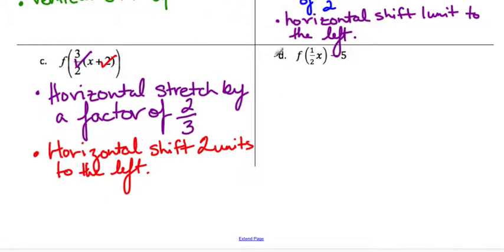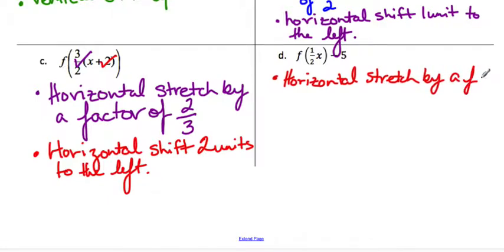Now we're going to do this last one, the 1/2 inside the function. So again, horizontal. Since it's multiplying, it's a horizontal stretch by a factor of 1 over k. So by a factor of 1 over 1/2, which means, oh, apparently I can't spell factor.